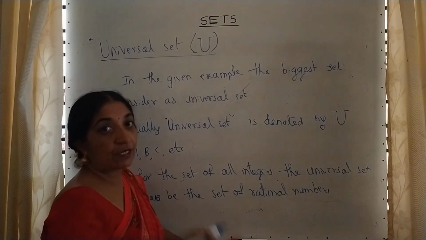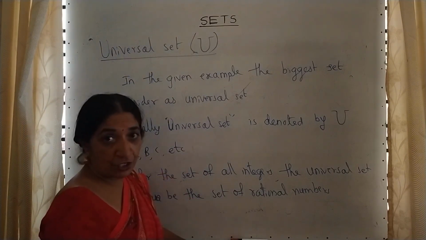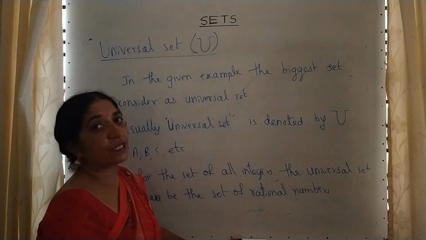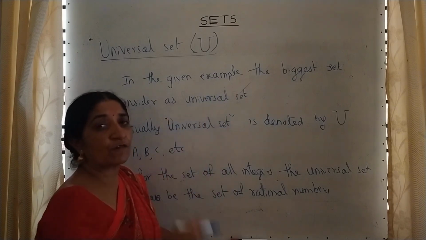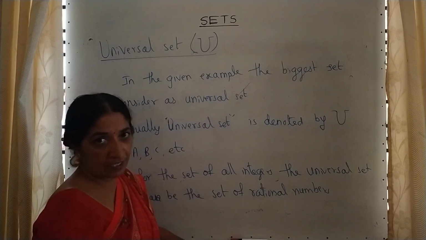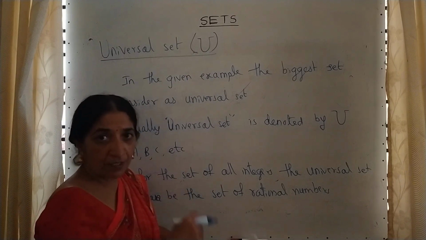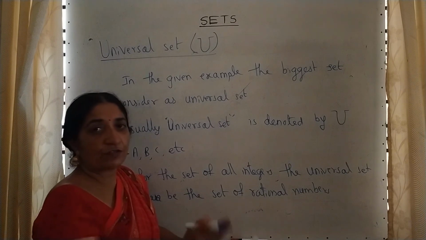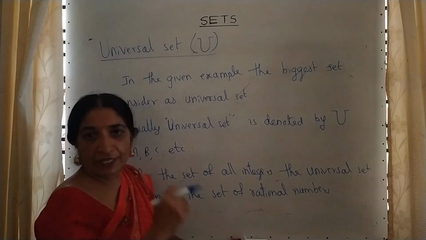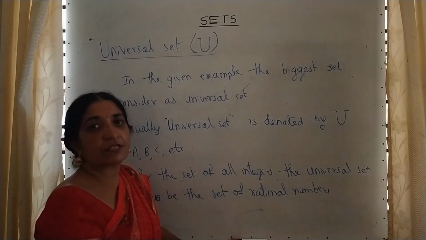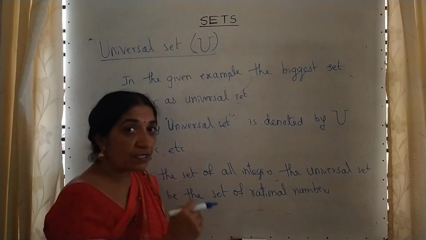You can take N as the set of natural numbers. Natural numbers is the smallest set, and for that you can take the set of real numbers as the universal set. Or suppose you take N and Z, N is the set of natural numbers, Z is the set of integers. Out of those two, which one is bigger? The set of integers is bigger. So the set of integers we are taking as the universal set.